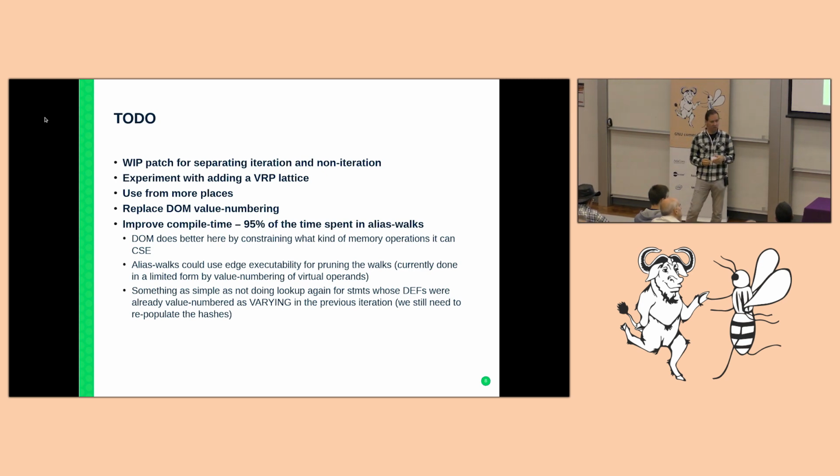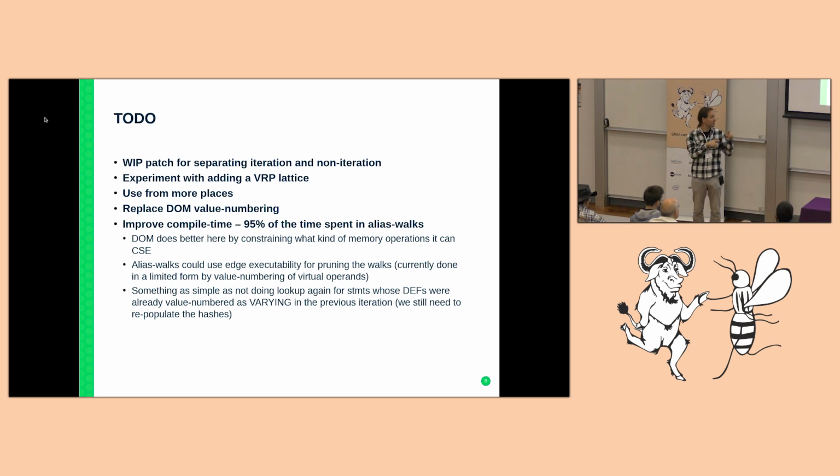Currently the alias walk only uses virtual operand value numbering to eventually not visit two paths from a PHI node, but only one, or just skip it completely if value numbering decided to value number the virtual operand to something. For example, if you have a merge PHI and you get two virtual operands in and one edge is not executable, value numbering will value number the result of the PHI to the single executable edge value. And then the alias walk will not walk the non-executable region, but only the executable one.